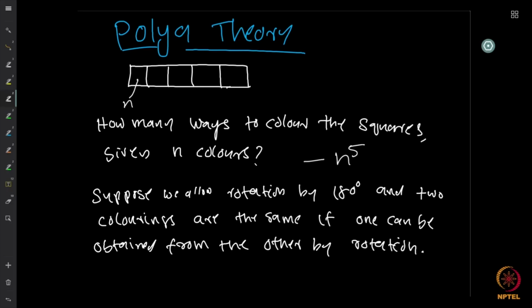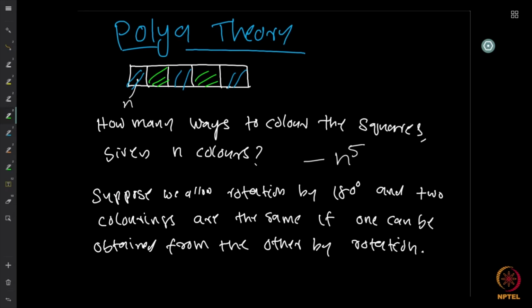I don't distinguish between them. So if under rotation the coloring is the same, then I can say that the colorings are equivalent. For example, a coloring like this, if I rotate, I will get the same coloring.